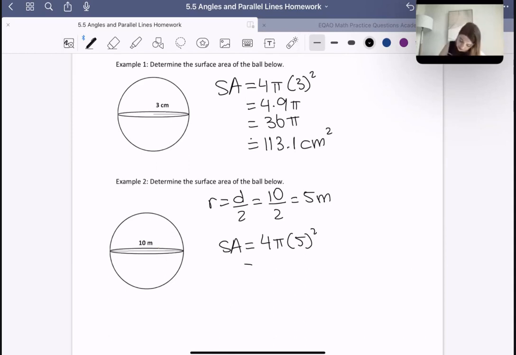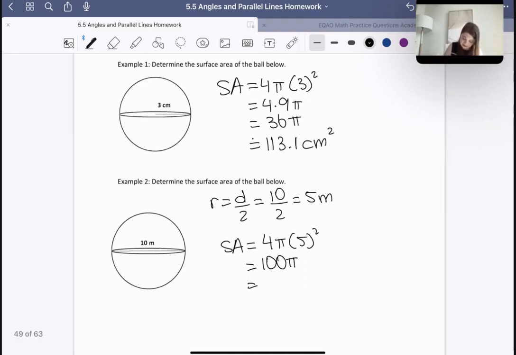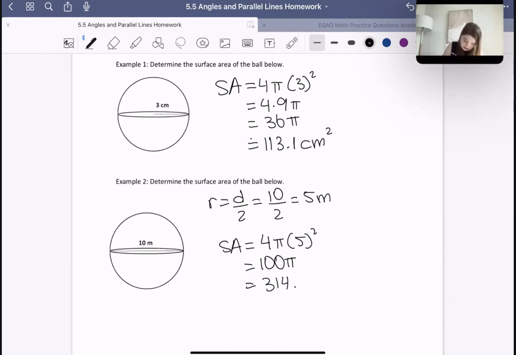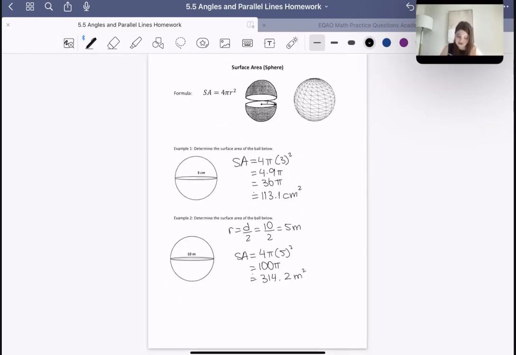So now we have 4 times 5 squared, which is going to be 100 pi, which is 100 times pi, about 314.2. It's really 314.159, but we're just going to round that to 314.2 meters squared, or square meters. And there we go.